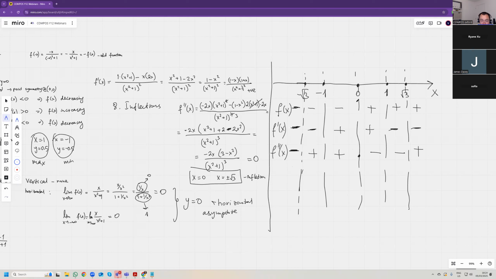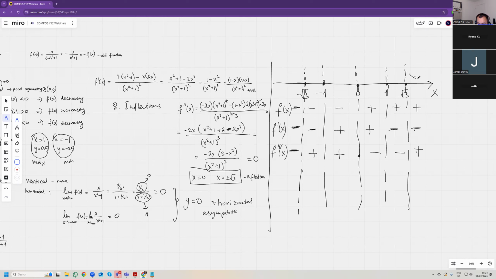Right. So here we can draw a sketch of the behavior of the function. On this interval from root 3 onwards, f of x is positive, so it's above the x-axis. The gradient is negative, and the second derivative is positive, so it is a convex function.